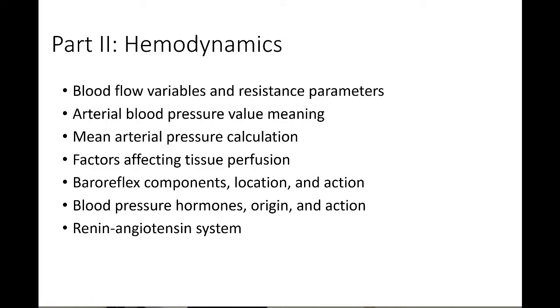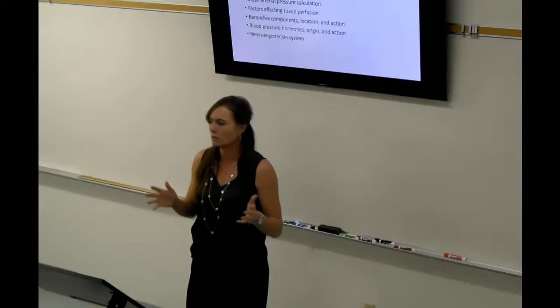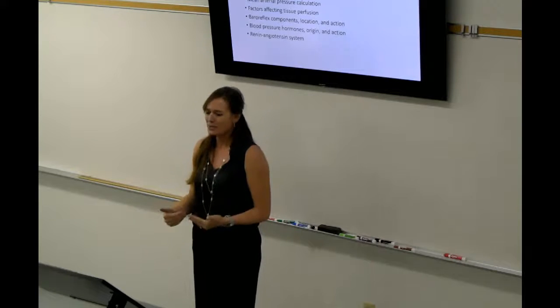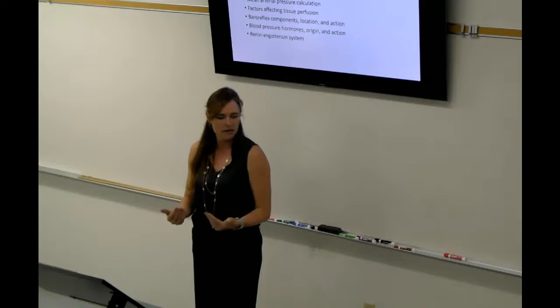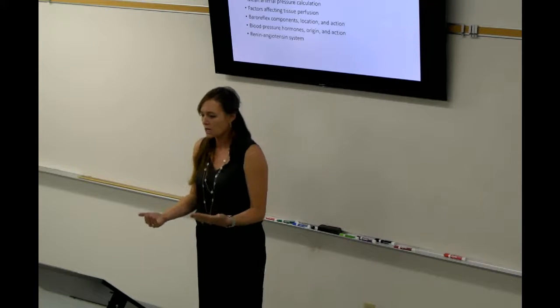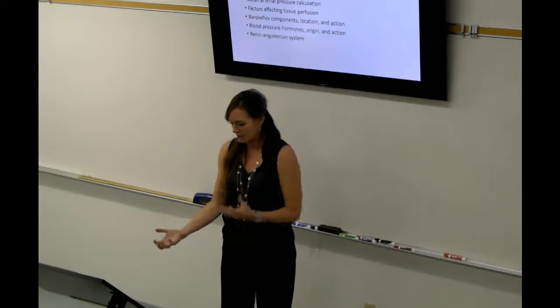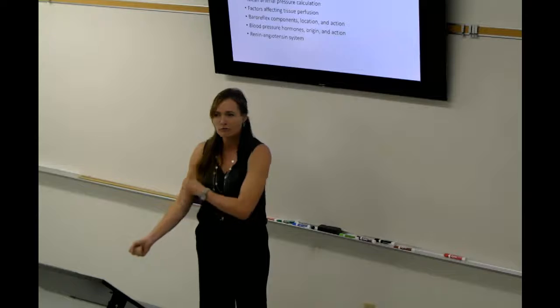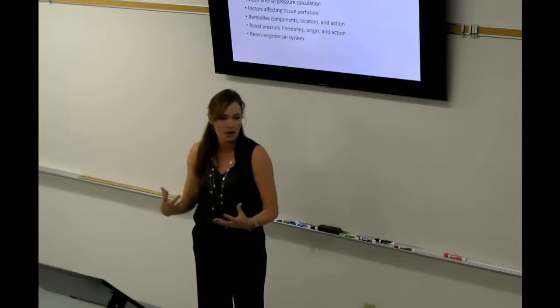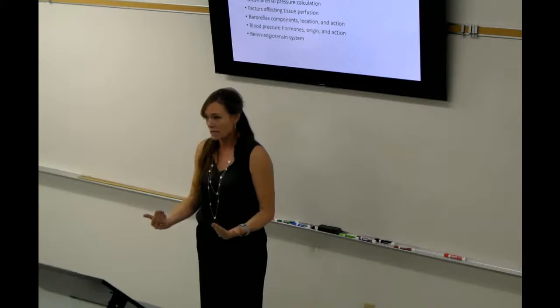Factors affecting tissue perfusion, that's more like cardiac output. How are you pushing blood out? How is the tissue getting blood? So one example would be hypoxia. If you all of a sudden start working a muscle, if I just grabbed a barbell or dumbbell and started doing some bicep curls, and all my biceps are now needing more oxygen because they're making more ATP.